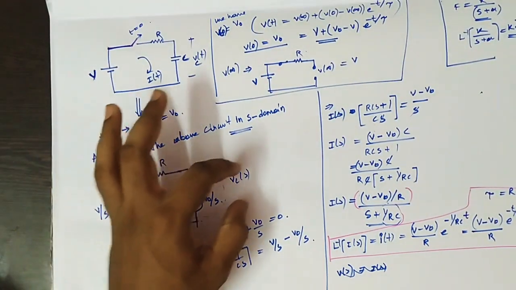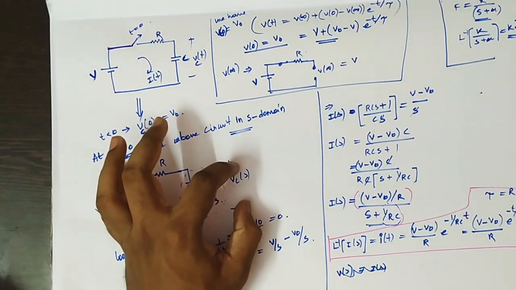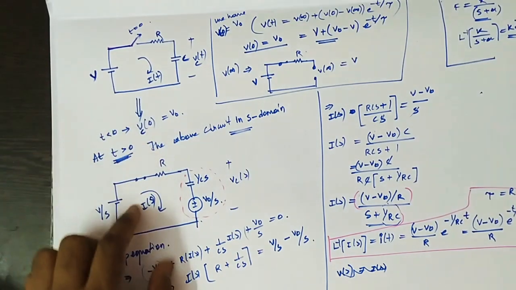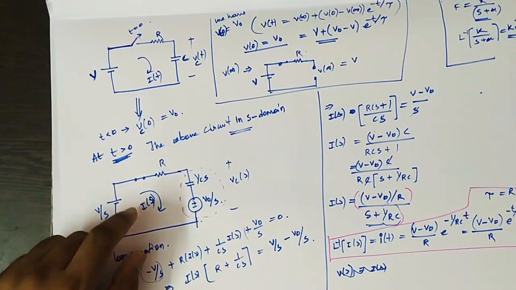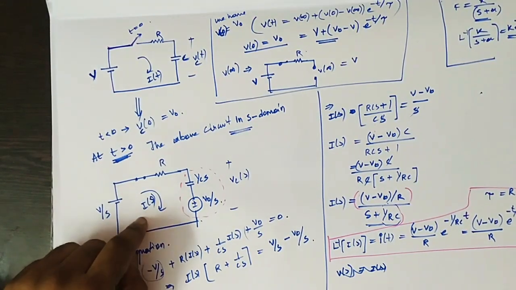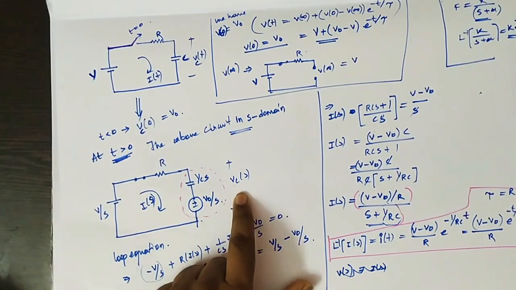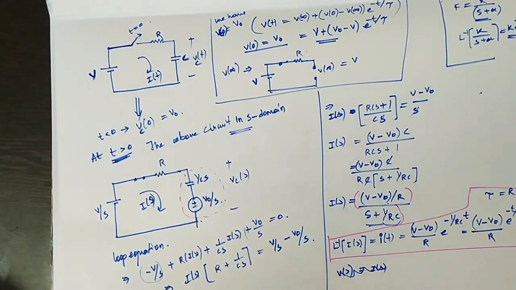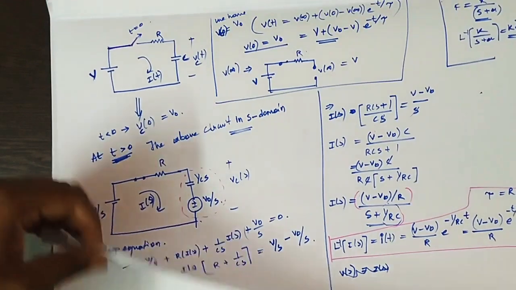To get Vc of t, we found I of s initially. We can also find Vc of s by nodal analysis; either way you can get to I of s. In mesh analysis I found I of s from the loop equation, and after finding I of s, we got Vc of s. If you want to find Vc of s directly by nodal analysis, you will get this same expression.